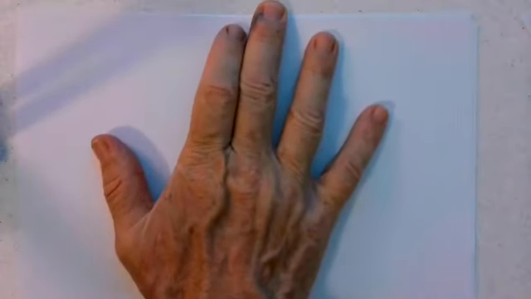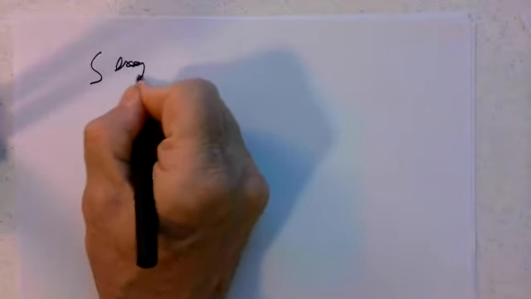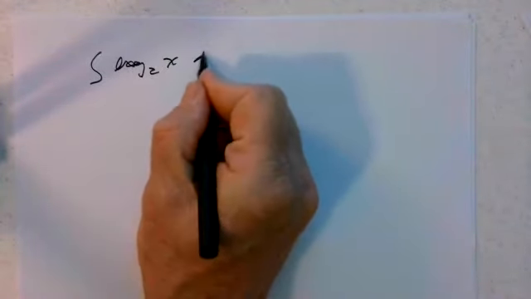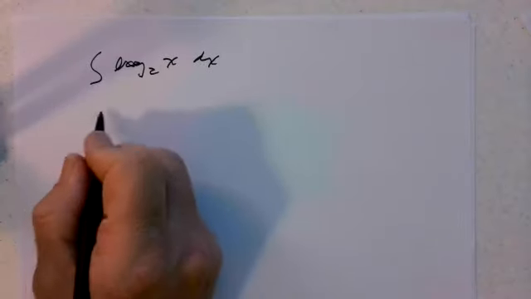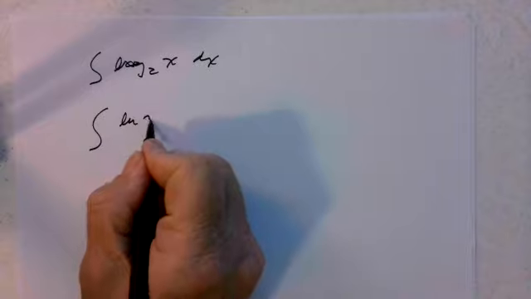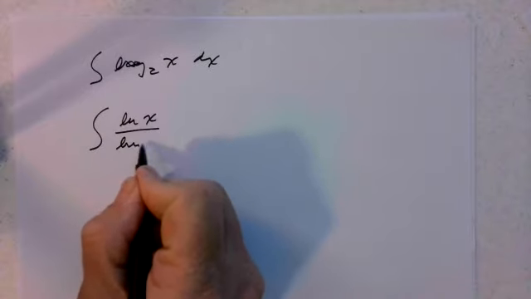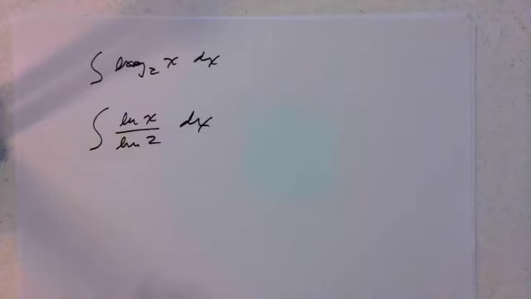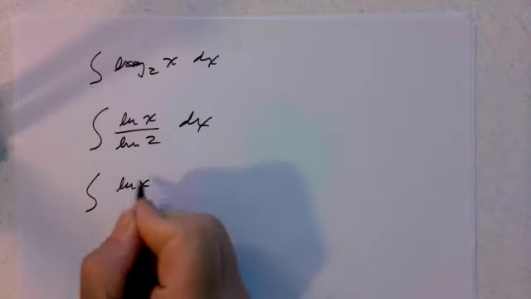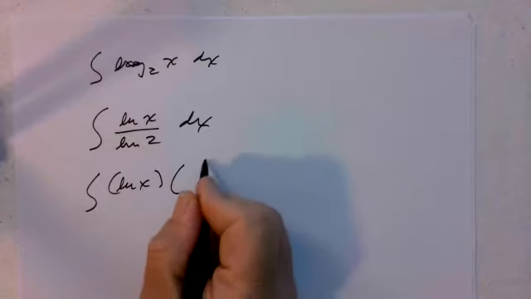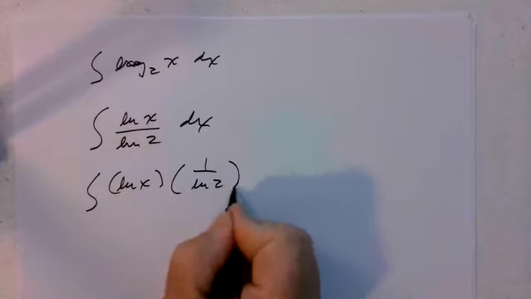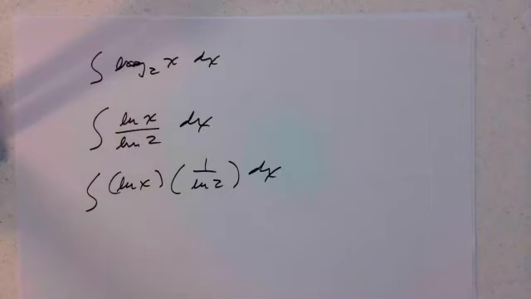And then if I ask you to go ahead and take the integral of log base 2 of x, what is that? Well, I'm going to use the change of base theorem. And I'm going to say log base 2 is the same as what? Natural log x over natural log 2 dx, change of base theorem, which is the same as the integral of natural log x times 1 over natural log 2 dx.